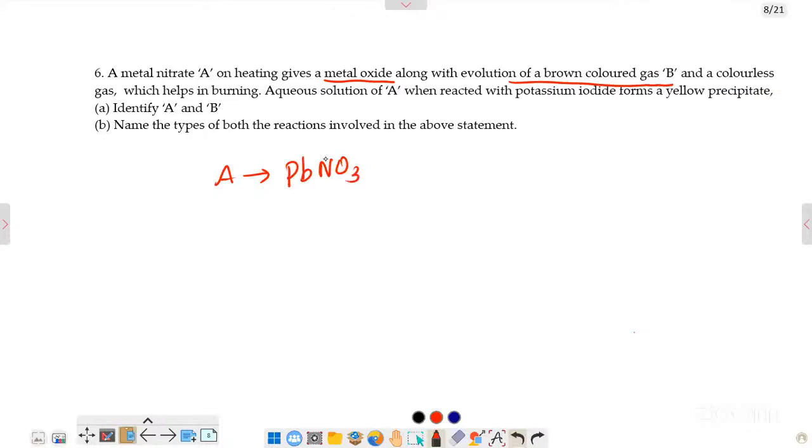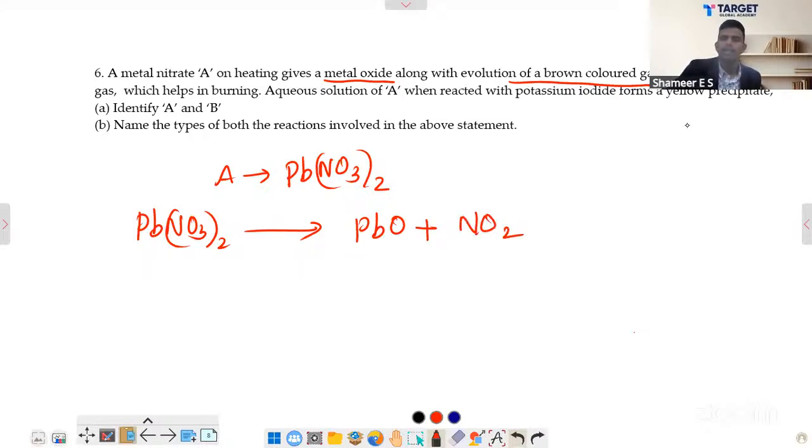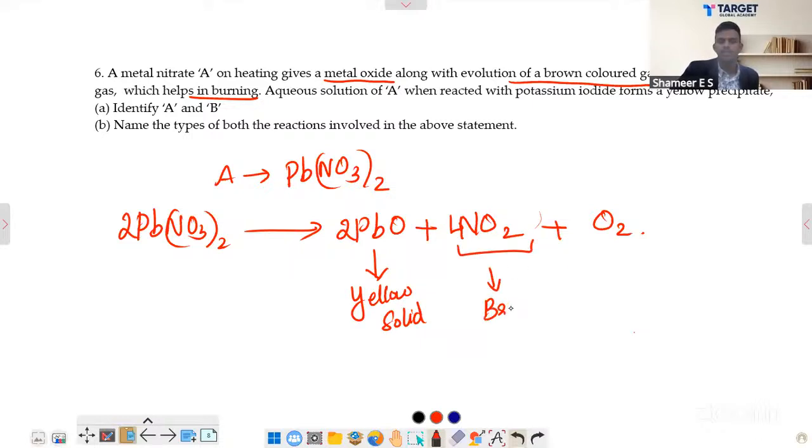When you heat lead nitrate, you will get lead oxide, nitrogen dioxide, and the gas which helps burning, that is oxygen. So you will get 2, 2, 4, and 4 plus 2, 6 oxygen. So this equation is highly important. Lead oxide is a yellow solid, not a precipitate, but simply a solid. NO2 is the brown gas, brown fumes.